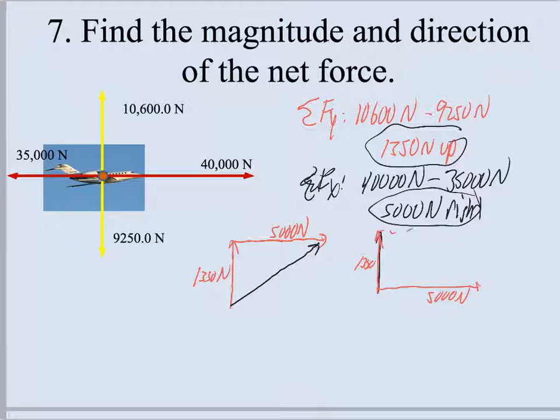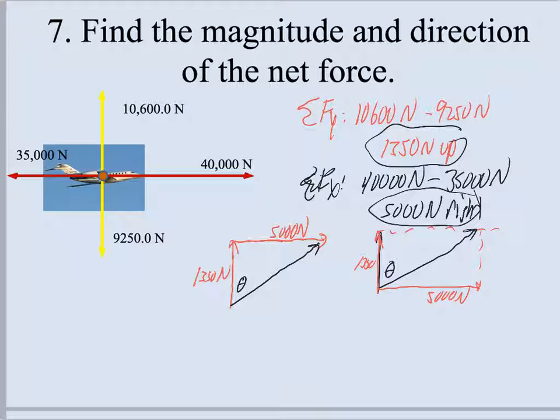And then we would have this hypotenuse to find. But again, that would be the exact same hypotenuse that you're looking for. And then theta would be the angle that we're trying to find.